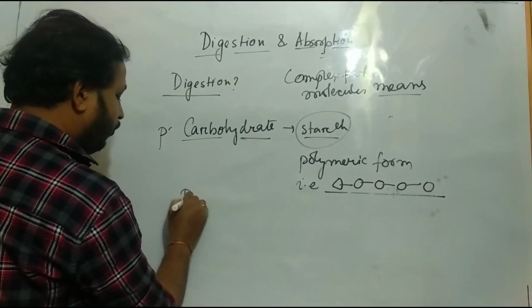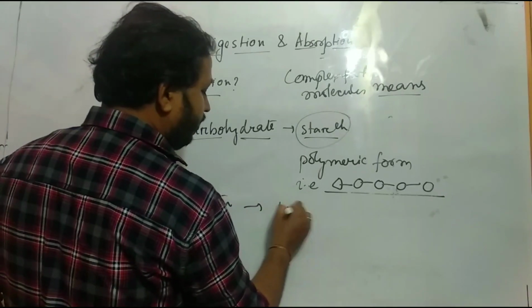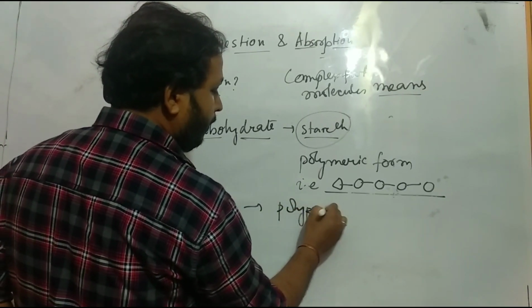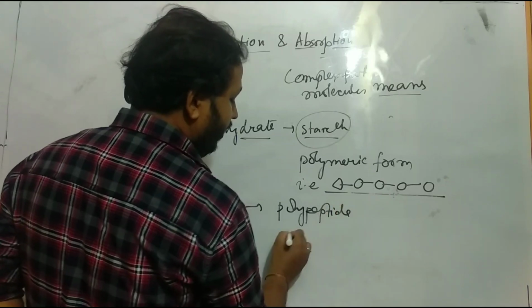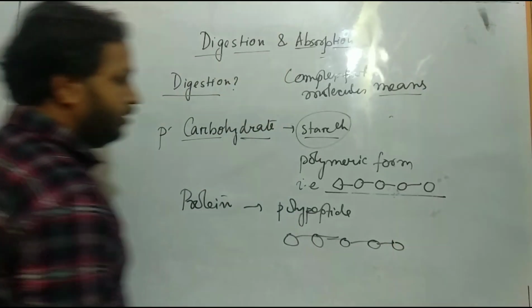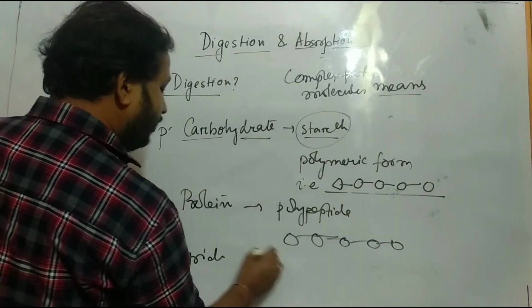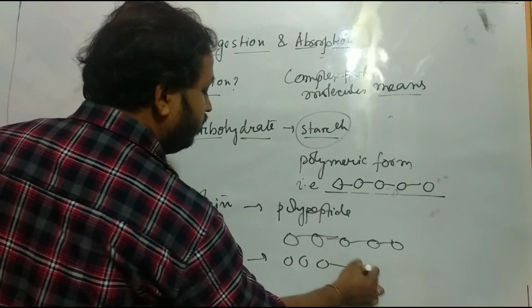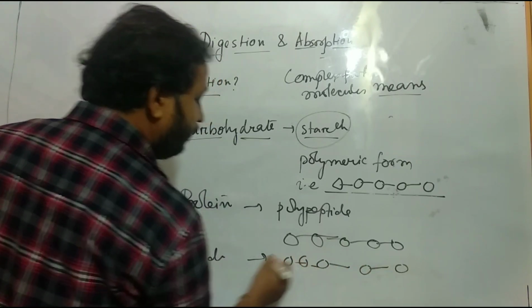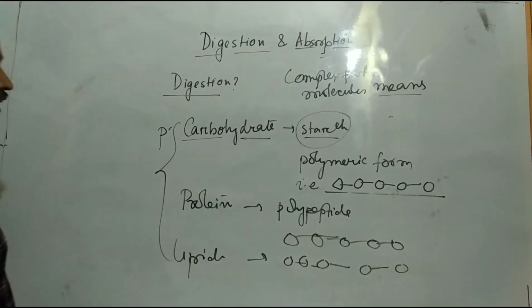Or for example, protein we take, it is in the form of polypeptide, again a large molecule. For example, lipids we take, this is again a large, complex molecule. So these are three basic kinds of food we generally take.